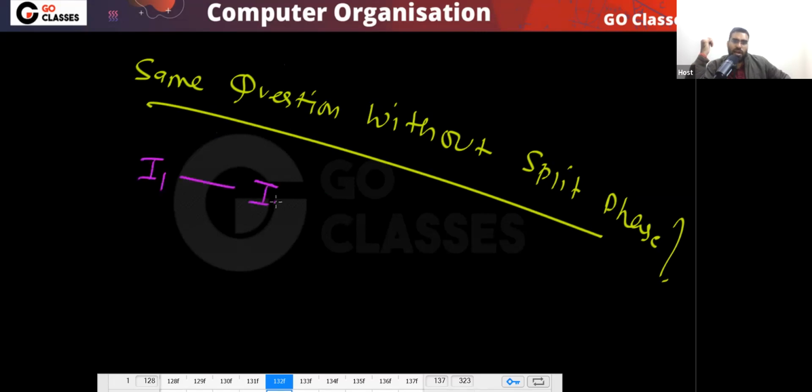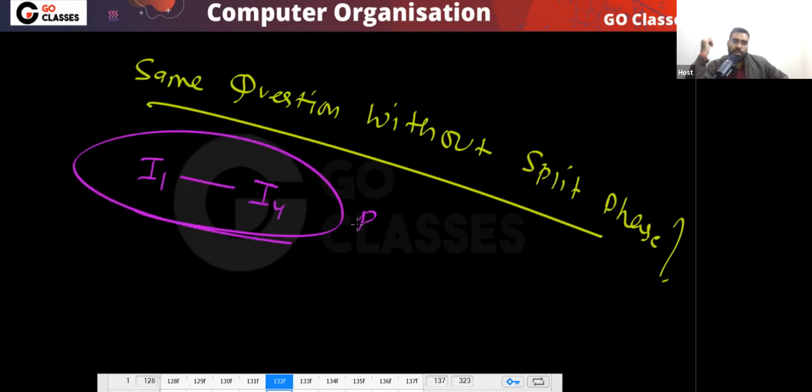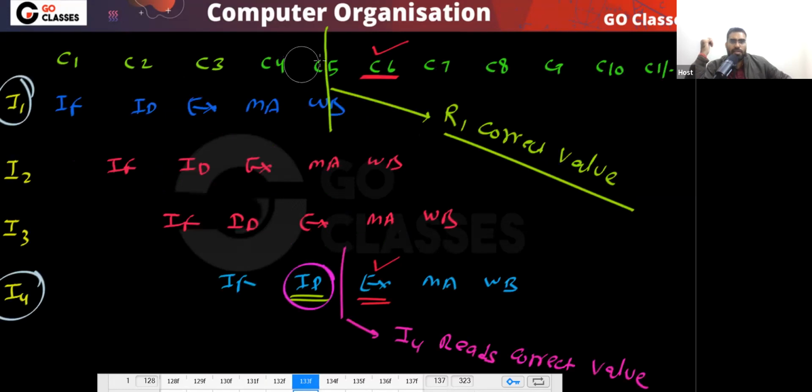Then this I1, I4 will be a RAW hazard, because in this situation, what will happen? This is your C5, this is your write back. So you can make the drawing like this. The R1 correct value will be available only at the end of the cycle, right? Yes or no?